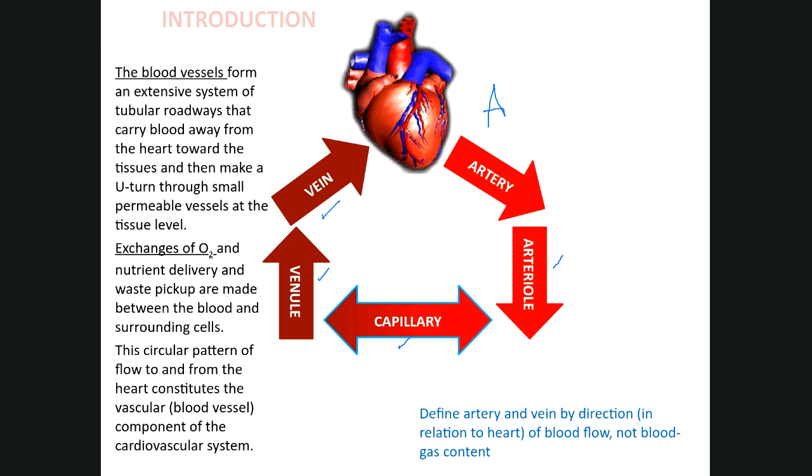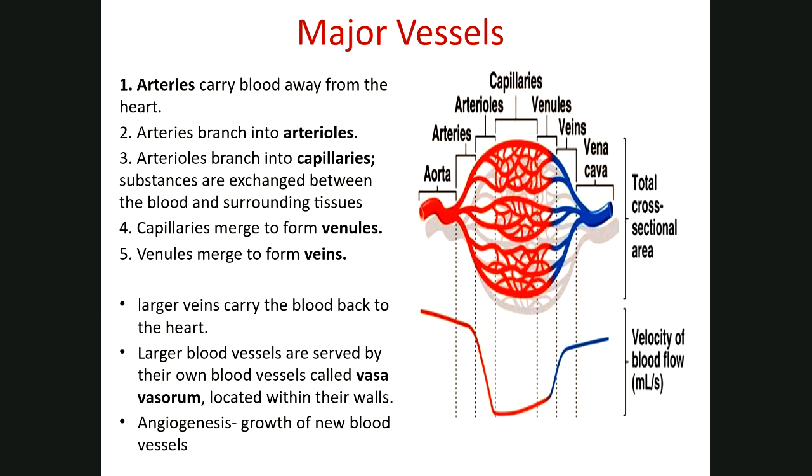So a definition of vein is carrying blood to the heart. So this is a circular pattern that exists. The circular pattern of flow to and from the heart constitutes the blood vessels, which are part of the cardiovascular system. So let's break these down a little more in order.